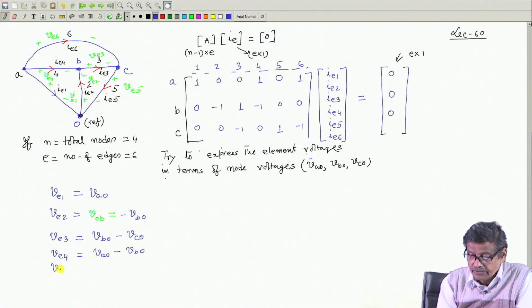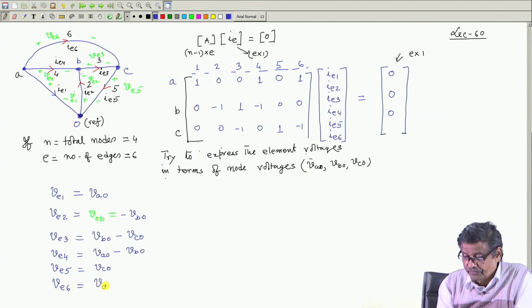Then in node 5, V E 5 will be simply V C 0, that is all. And finally, V E 6 will be V A 0 minus V C 0.